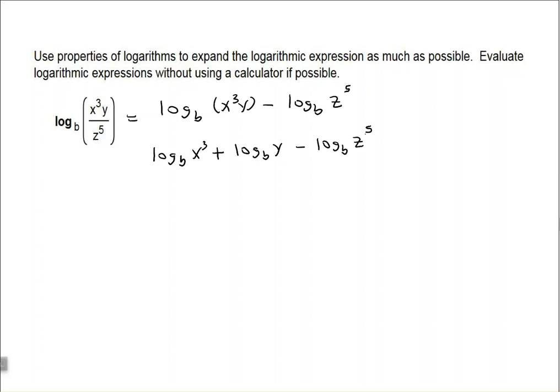Okay, so now I have log base b of x to the third, log base b of y, and log base b of z to the fifth. And since we have those exponents, the final thing we'll do is to use the power rule.